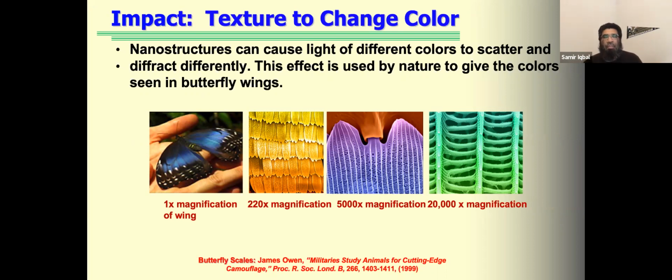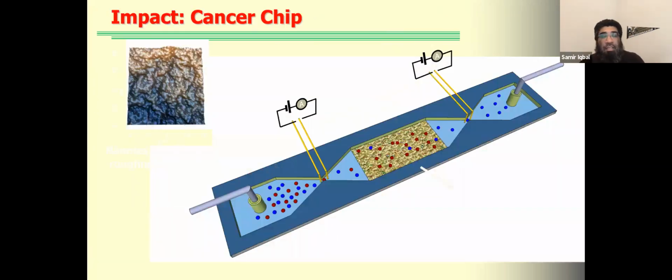We are making what you call metamaterials, where you create structures at small scale to have different electrical properties, magnetic properties, different chemical properties by creating those nanoscale structures. Something that we have done, making cancer detection chips.